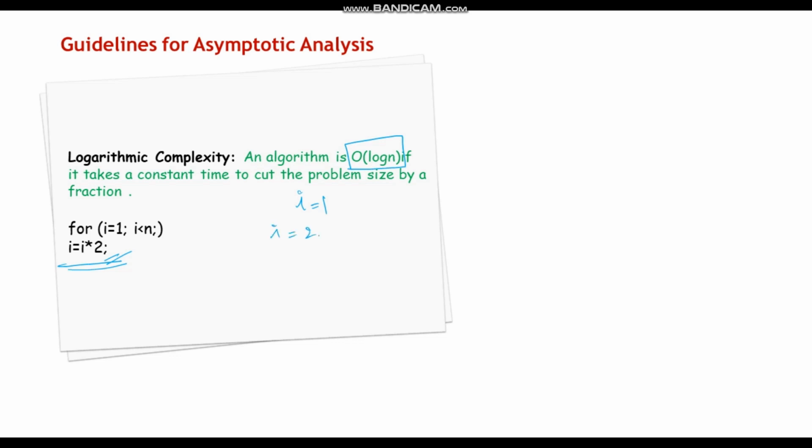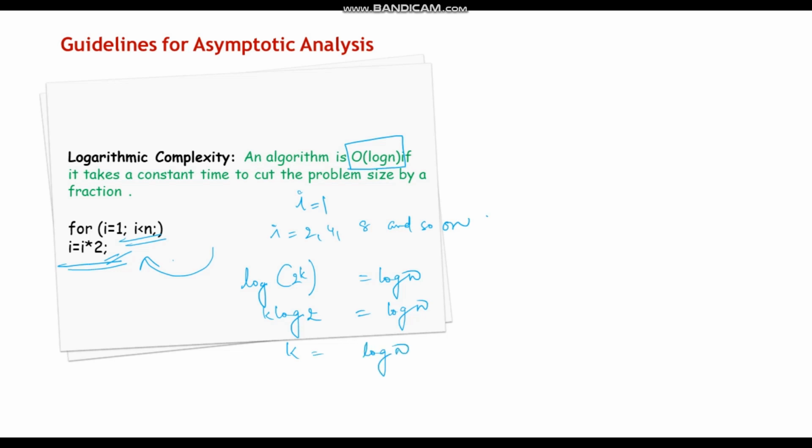Initially it was 1, the next time it becomes 2, 4, 8, and so on. Let us assume that the loop is executing some k times, so at the kth step, 2 to the power k equals n. Taking the logarithm on both sides, we get log of 2 to the power k equals log of n, k log 2 equals log n, and on solving, we get the value of k is equal to log of n, and hence the total time is O of log n.